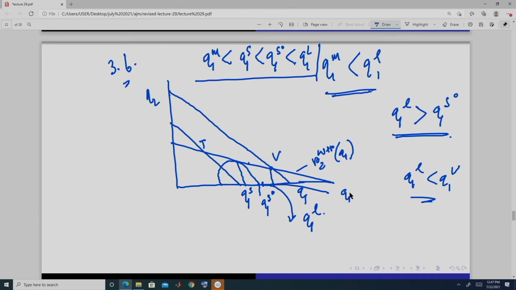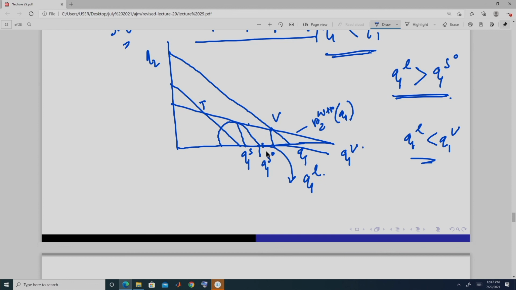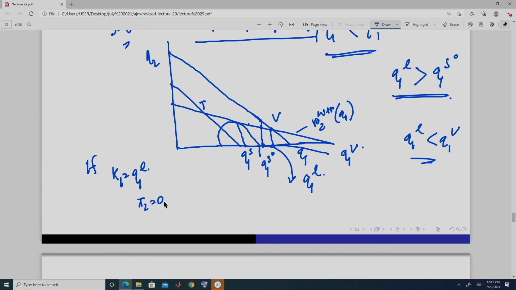This point is Q1V. So, here if this is the situation, then what do we get? It can block because this is A. So, if K1 is equal to Q1L, then we will get this reaction function, and then profit of firm 2 is 0.